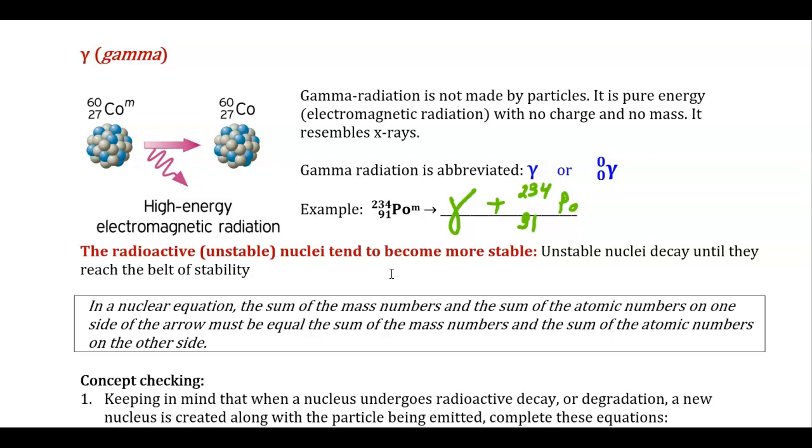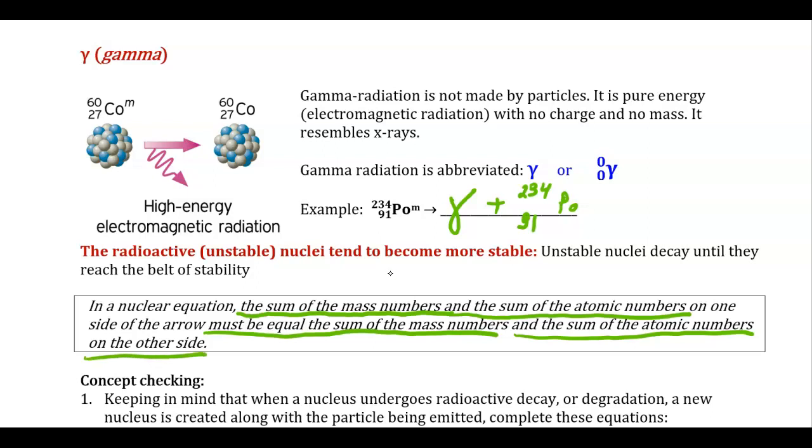And there are three ways to become more stable: either alpha decay, or beta decay, or gamma decay. And I underline this: the sum of the mass numbers and the sum of the atomic numbers on one side of the equation must be equal to the sum of the mass numbers and the sum of the atomic numbers on the other side.